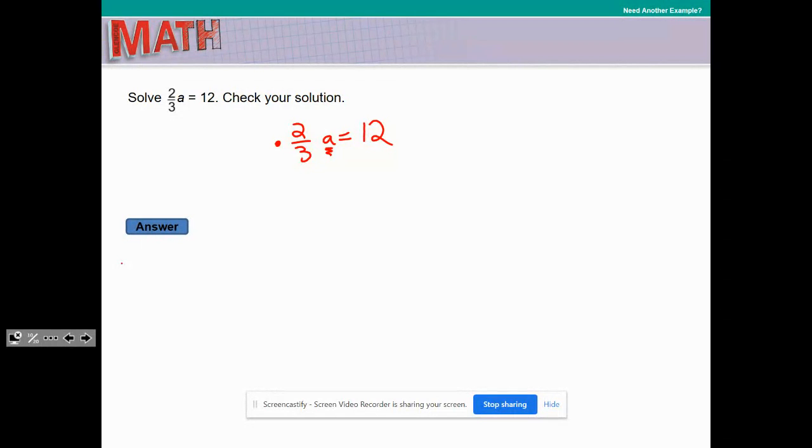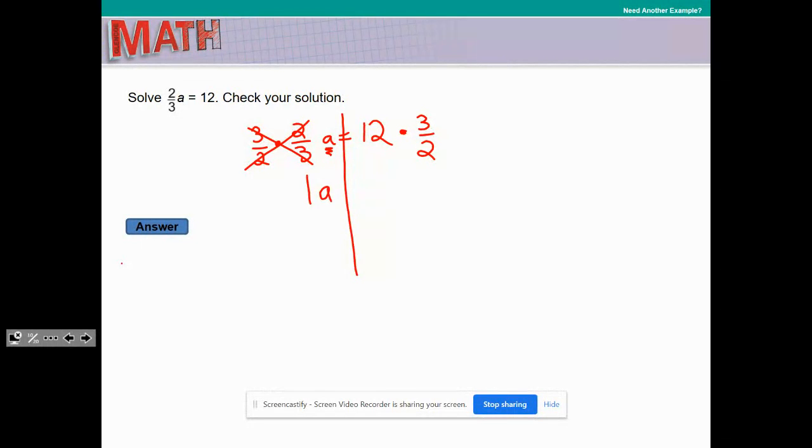Because multiplication. But what type of multiplication can cancel that 2/3 out? Multiplying by the reciprocal. And multiply the other side by the reciprocal, by that same number, 3/2, because we have to keep it balanced. All right, now that cancels out to 1.